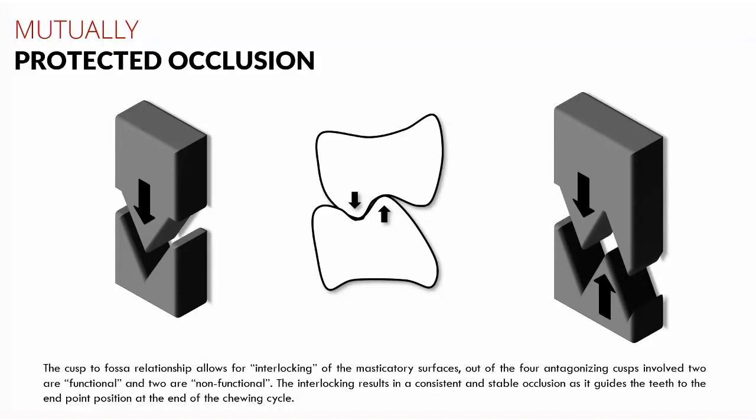And then we know that some cusp tips actually touch and engage the opposing tooth. So we can further kind of categorize this, and we'll have some cusps that are functional and some are non-functional, right? So in your basic understanding of dental anatomy, let's take a look at the lower molars.